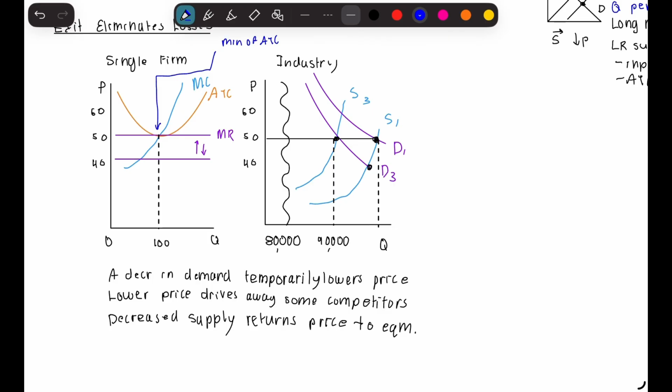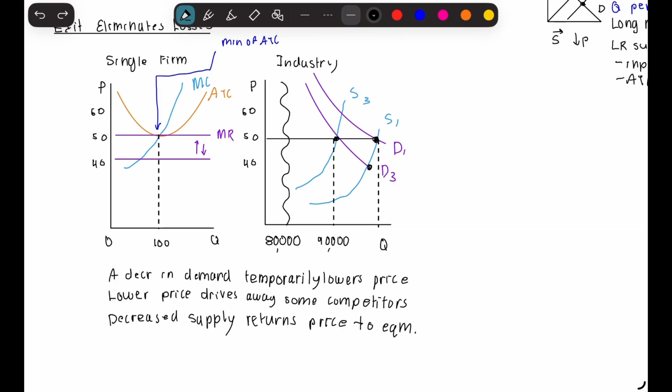In your industry curve over here, you have a vertical squiggly line at 80,000 at a fixed quantity, and then over here you have supply 1 and supply 3. You have demand 1 and demand 3, and they kind of transfer over like this. These are side by side graphs, so you need to draw them next to each other in order to see the connection between the single firm and the industry.